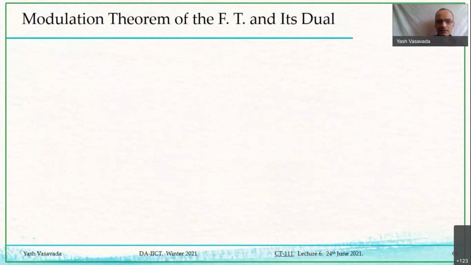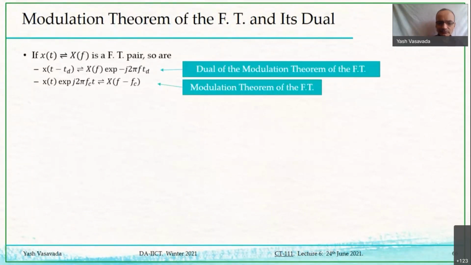And then maybe this is the last thing we will do today. Remember, we had talked about the modulation theorem. So we will be doing a short proof of it.